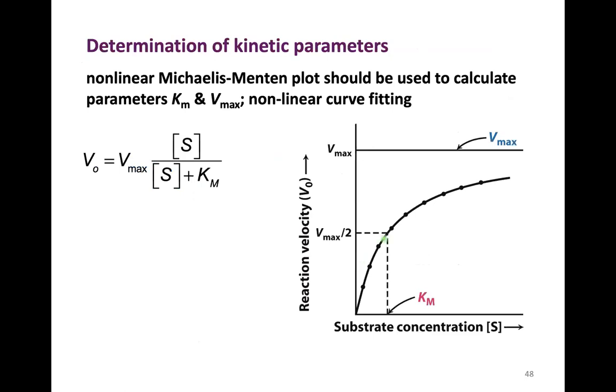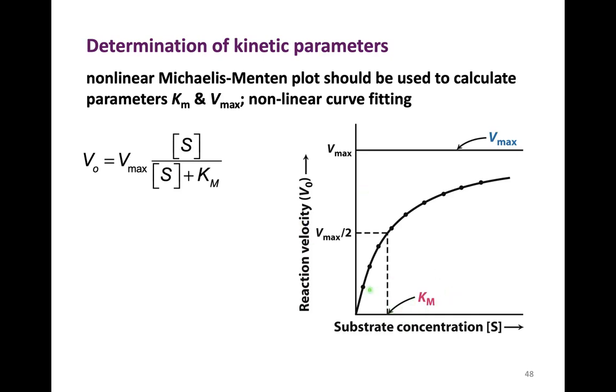Okay, so again, the parameters, here's our Michaelis-Menten model. We plot it, okay? We can easily fit this with nonlinear curve fitting because we have fancy computers, and it allows us to determine Vmax. If we know Vmax, 1/2 of that initial velocity can inform us about the Km, which is the substrate concentration at 1/2 Vmax.